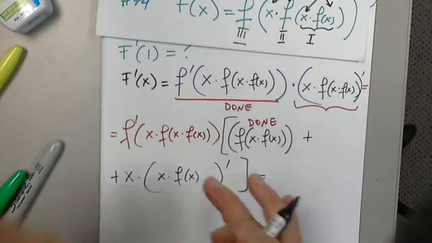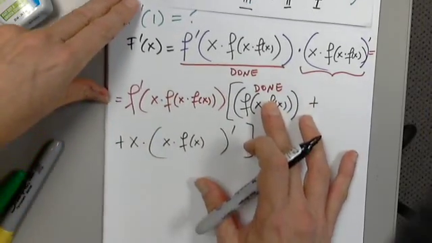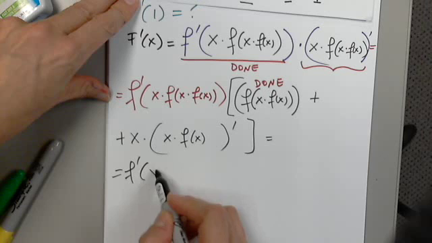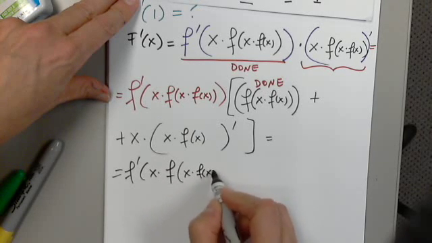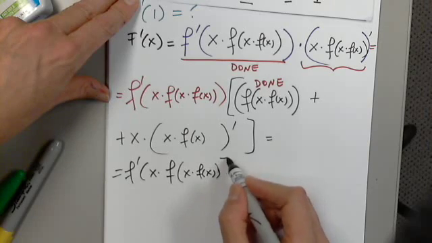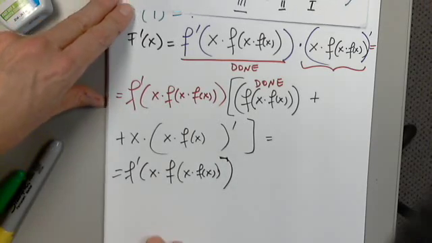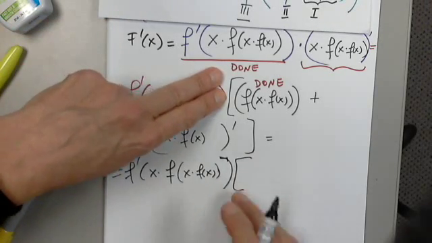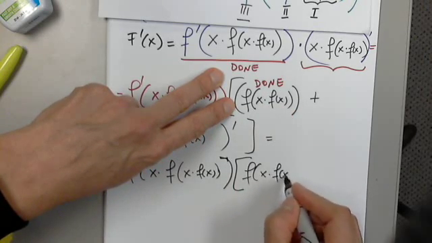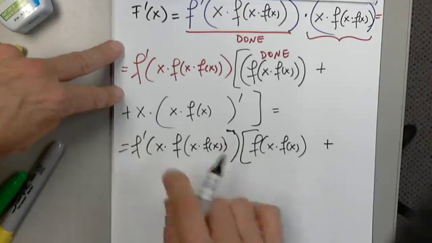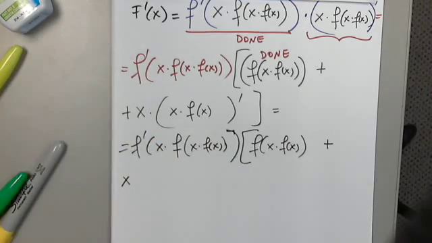Okay. So this is f prime of x times f of x times f of x. This is done. I open the bracket. I cannot do anything here. Plus, I must copy x outside.